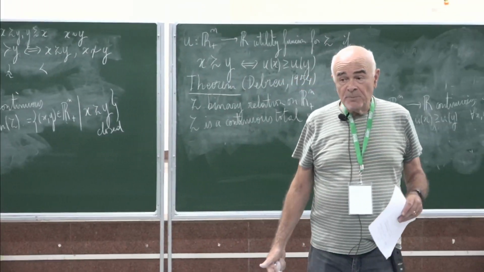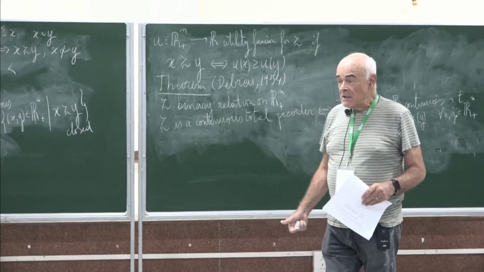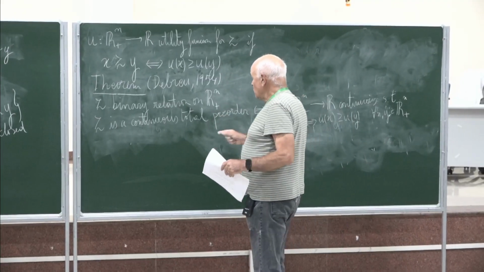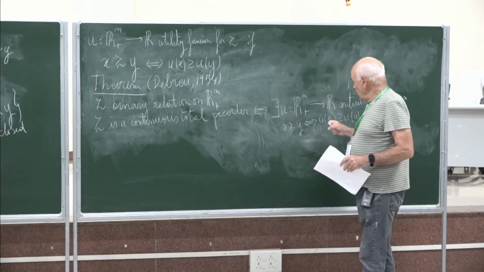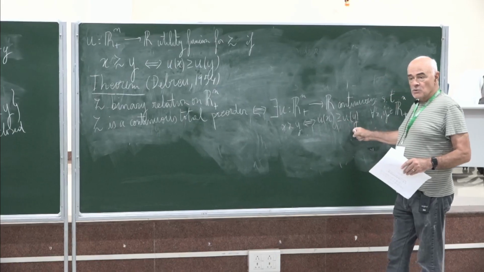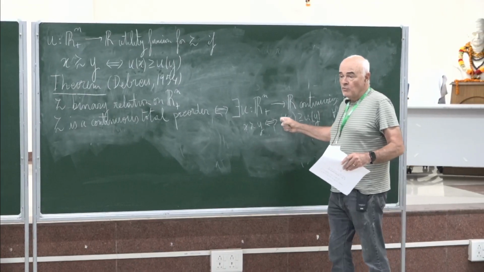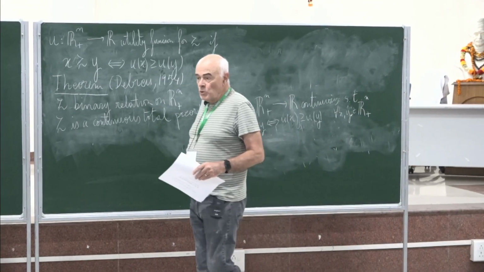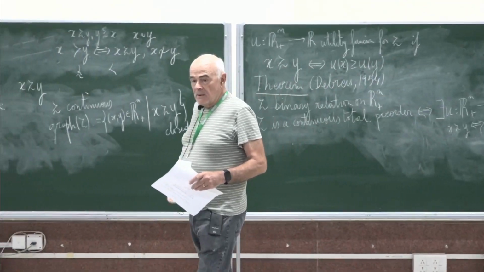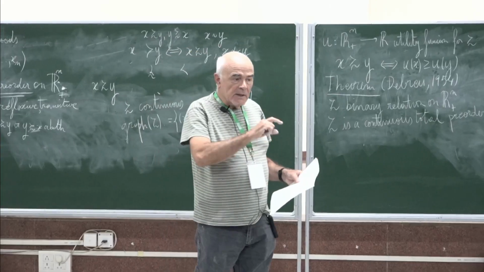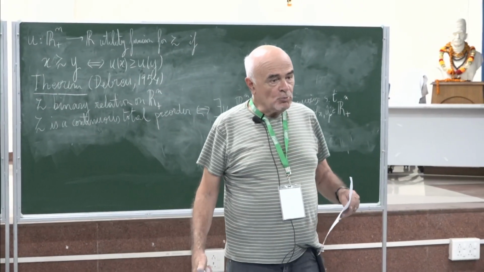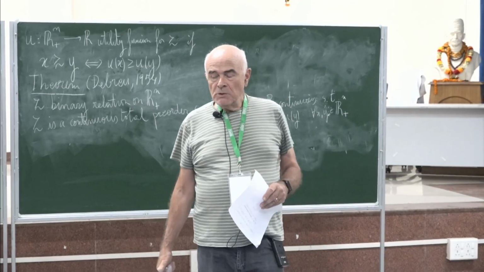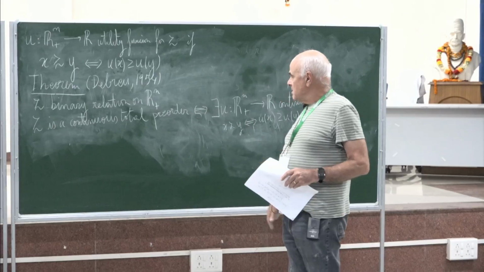So we have a preorder, and it is total: given two elements in the space, either U of x is greater than or equal to U of y, or U of y is greater than or equal to U of x, or both. Then either x is related to y or y is related to x, or both. So it's quite clear. That part is trivial.